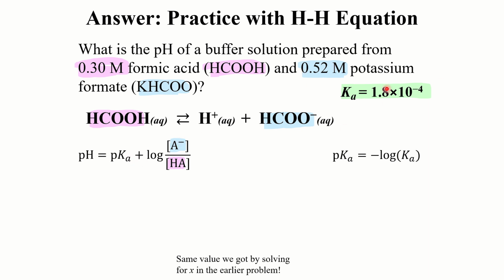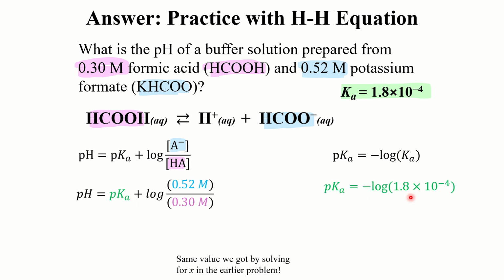And our pKa can be found by taking the negative log of the Ka. So pKa here is the negative log of the Ka, 1.8 times 10 to the negative fourth, giving a pKa of 3.745. So this value can be plugged in right here. And then our logarithmic term, remember, it's the log of base over acid.